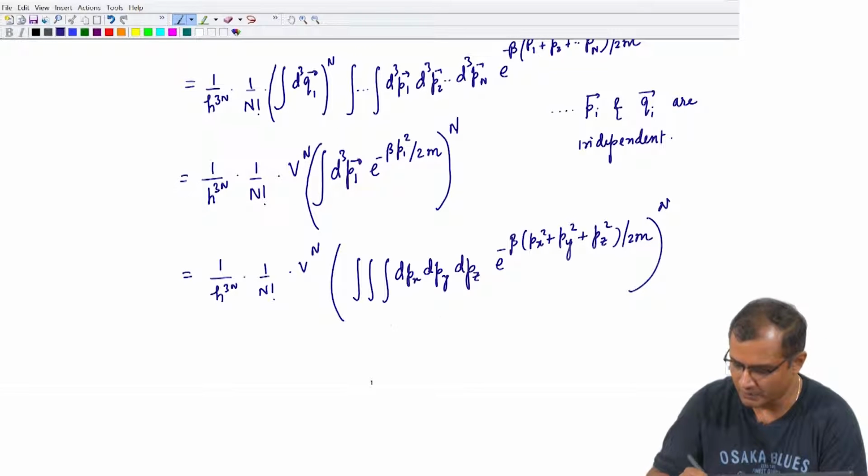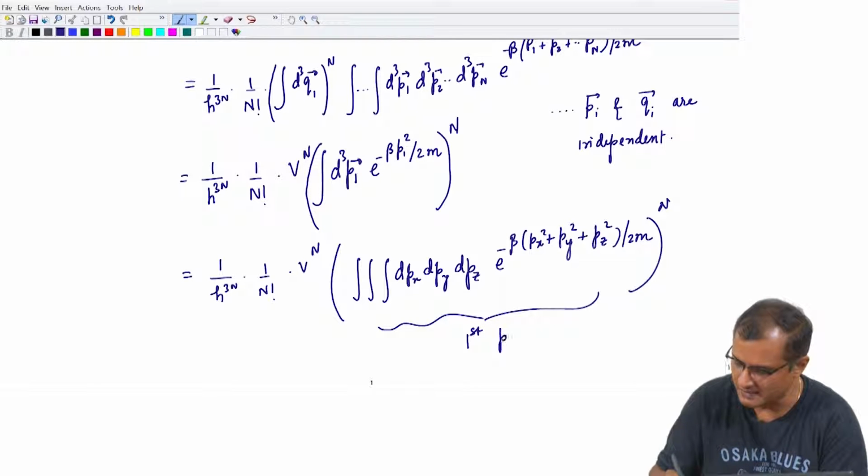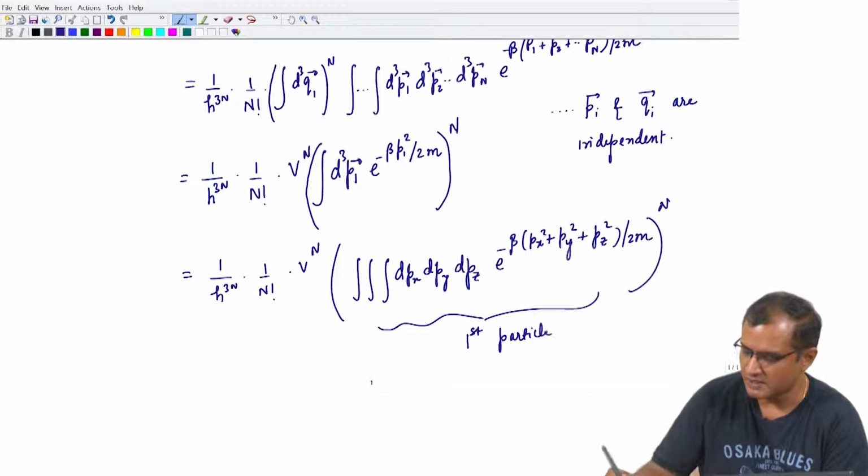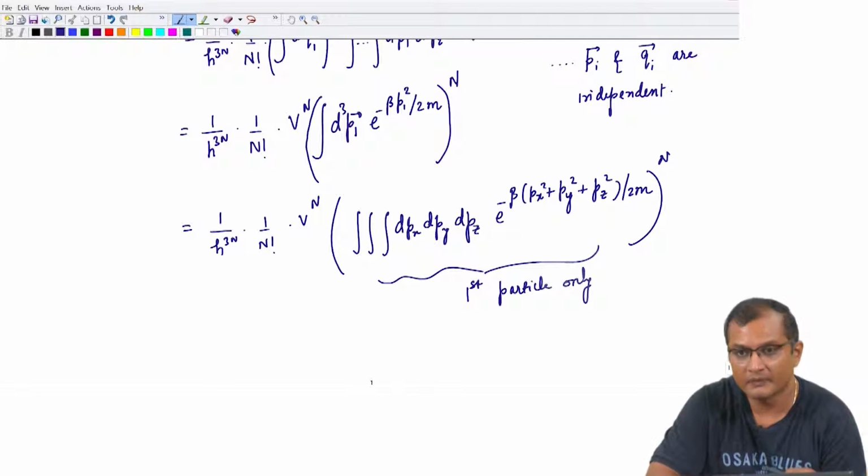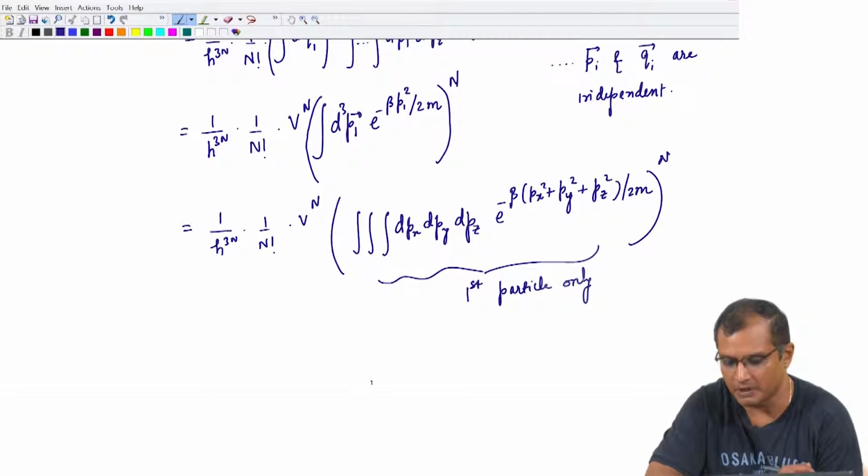Okay. So, I am going to write this for the first particle itself. So, a single particle contribution has to be raised to the power n, that will give you the contribution coming from n particles.